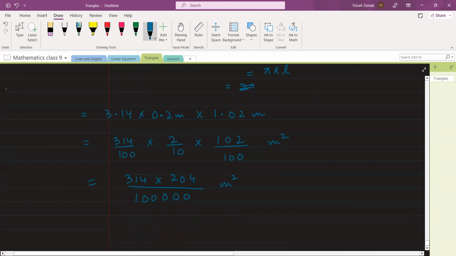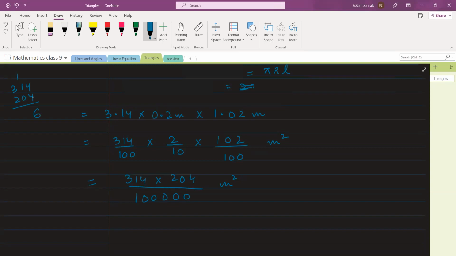So you can quickly multiply 314 into 204. 4 into 4, 16, carry 1. And 4 into 1, 4, 5. 4 into 3, 12. Then 0, 0, 0. 2 into 4, 8. 2 into 1, 2. 2 into 3, 6.